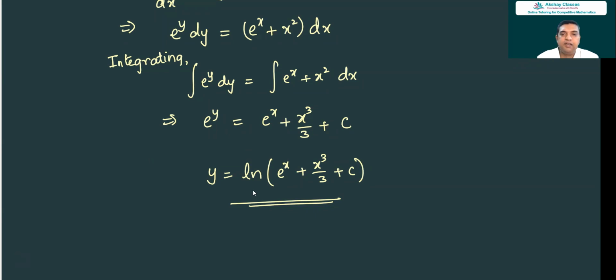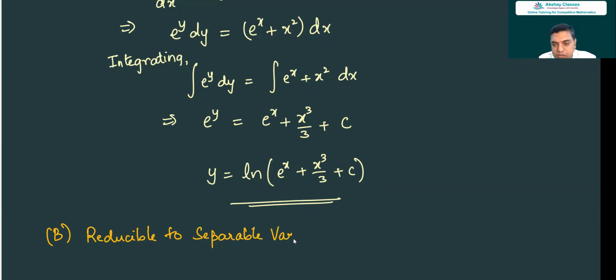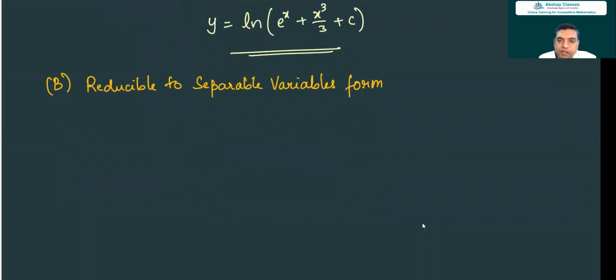Now category B in this is reducible to separable variables form.